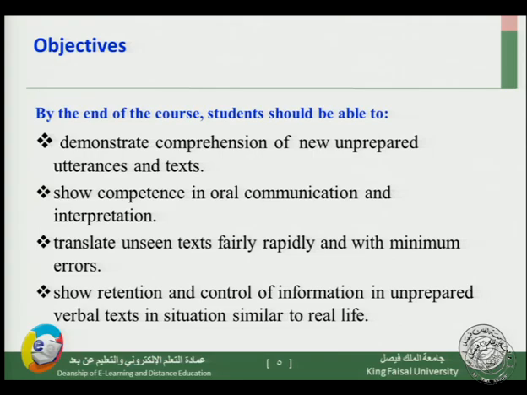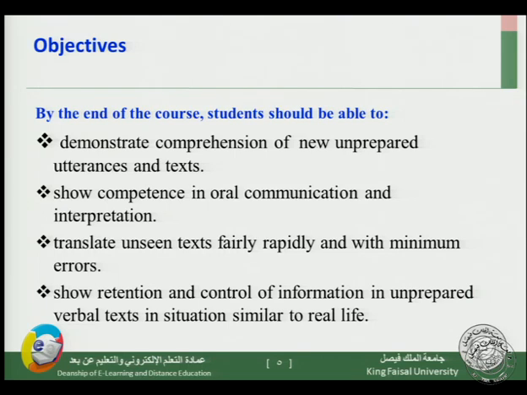Okay. Now what are the objectives of this course? By the end of this course, you should be able to demonstrate comprehension of new unprepared utterances and text. In other words, if somebody produces an utterance in Arabic or in English, you should be able to understand and comprehend this text and be able to transfer it into another language verbally, orally, not in writing.